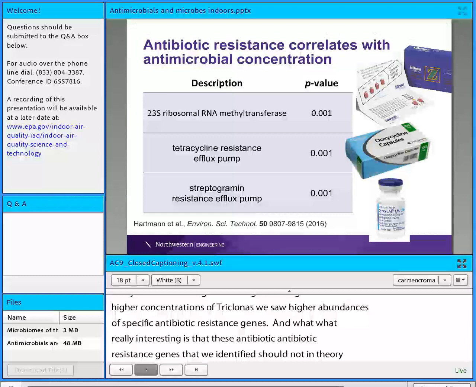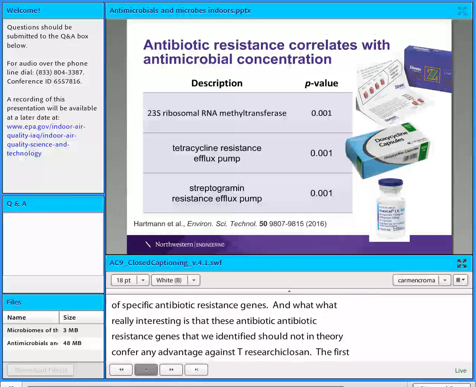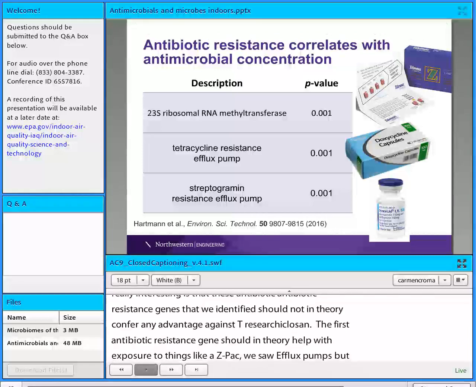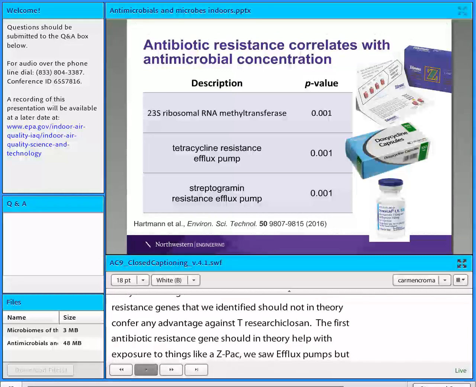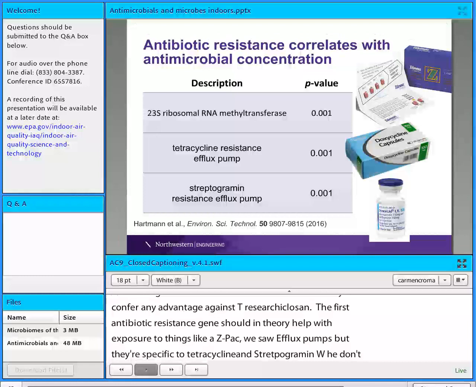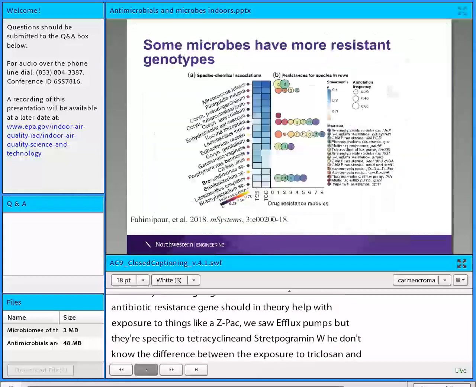So this first antibiotic resistance gene should, in theory, help with exposure to things like a Z-Pak, azithromycin. We also saw efflux pumps, but they're specific to tetracyclines and streptogramins. So we don't understand why there would be this relationship between exposure to triclosan and an increase in resistance to these other antibiotics. But that to me is highly concerning.